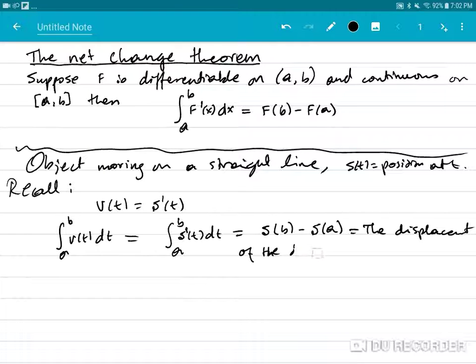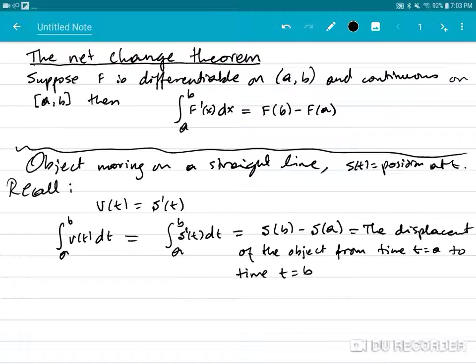Not distance traveled, the displacement of the object. I'll tell you the difference in a minute. From time t equals a to time t equals b.